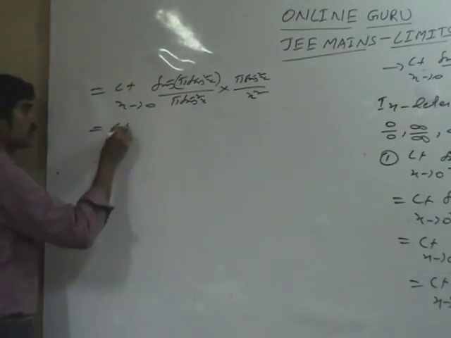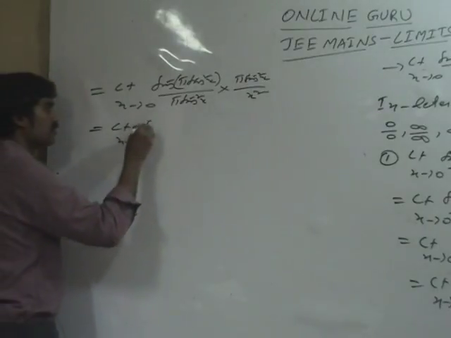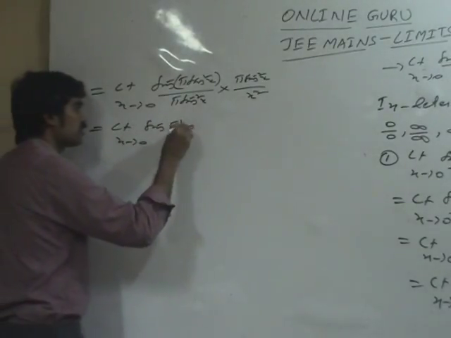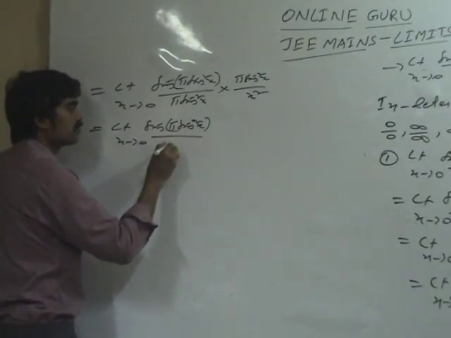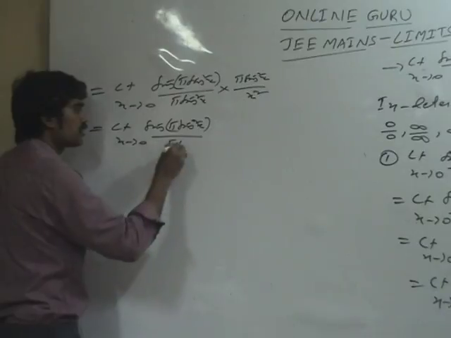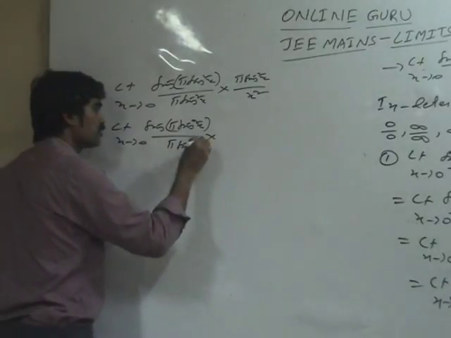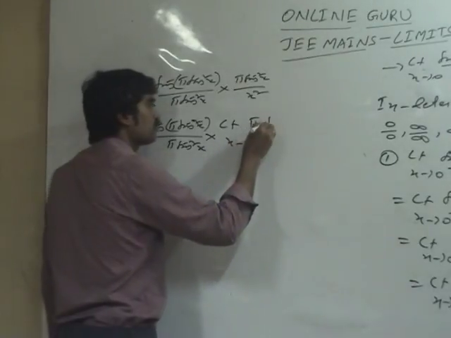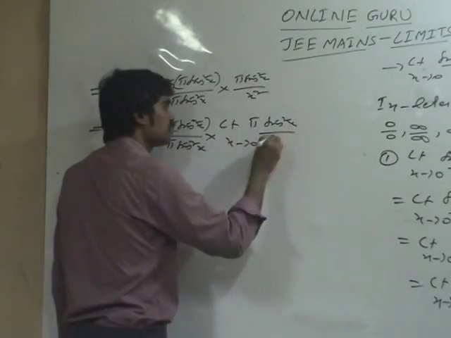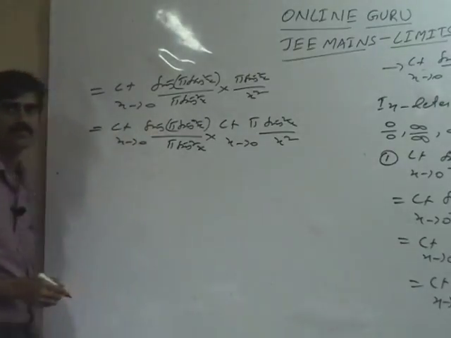This equals limit x tends to 0 sin pi sin square x divided by pi sin square x into limit x tends to 0 pi into sin square x by x square.